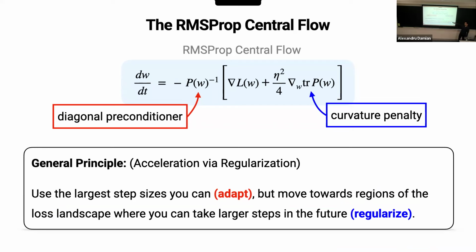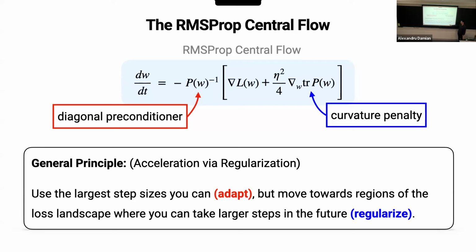So there are two parts to Adam. The first is use the largest step sizes that you can. Largest meaning largest harmonic mean: I find myself at a point in weight space, I compute the largest possible step sizes and use these step sizes to run gradient descent. But I'm also going to add this curvature penalty, which tells me to move towards regions of the loss landscape where you can actually take larger steps in the future.